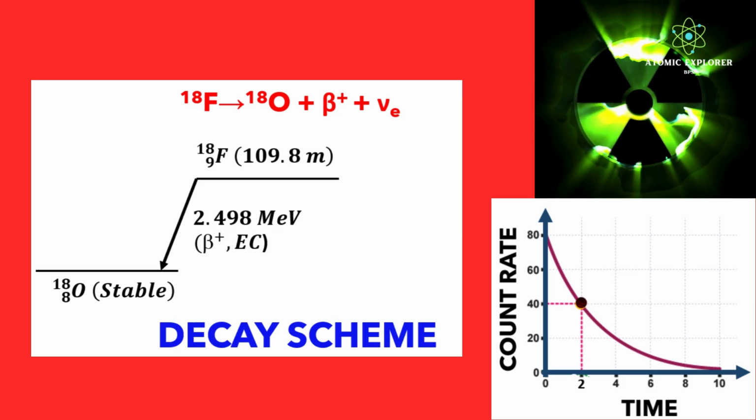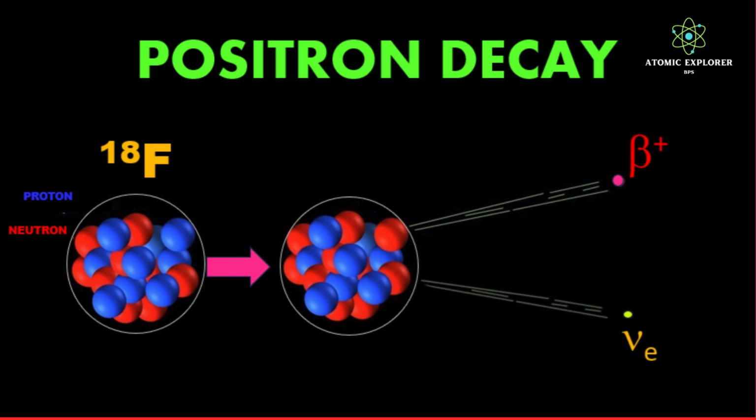This type of decay is known as positron emission or beta plus decay. With a half-life of approximately 110 minutes, fluorine-18 decays by positron emission about 97% of the time and electron capture 3% of the time, both resulting in stable oxygen-18.